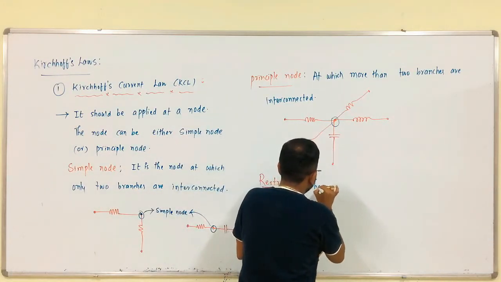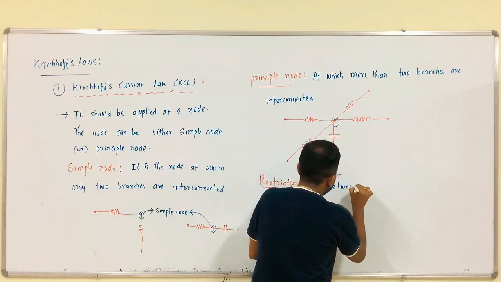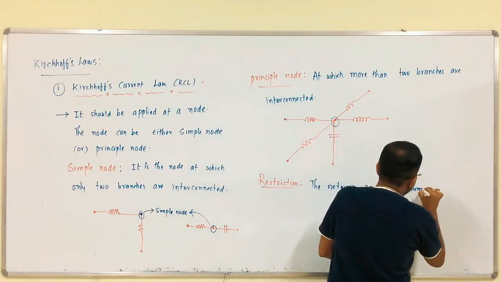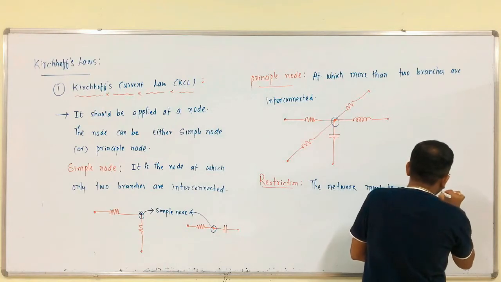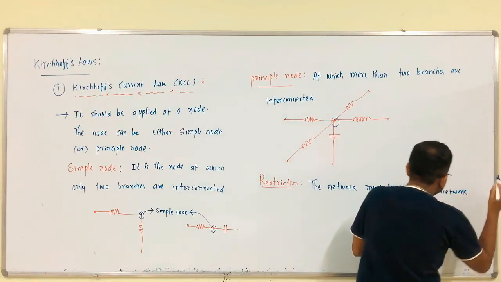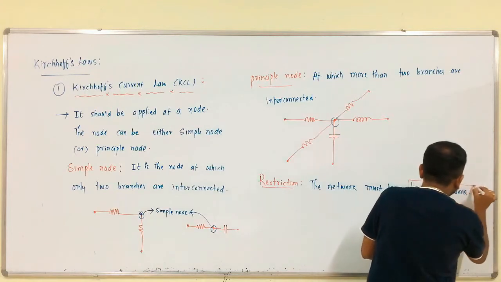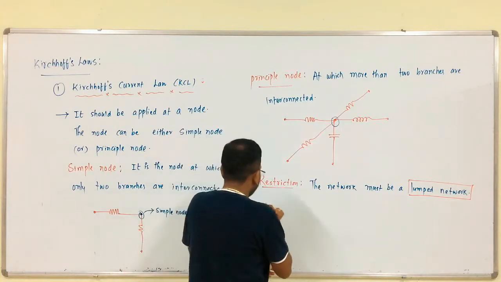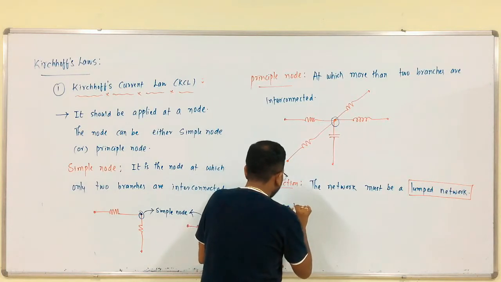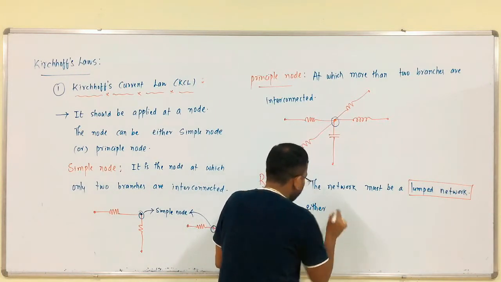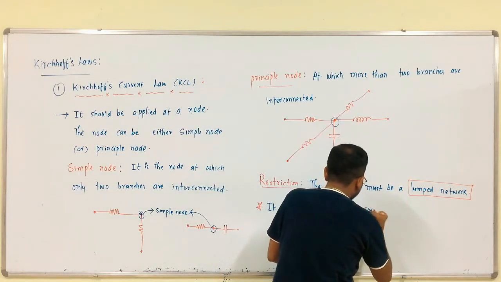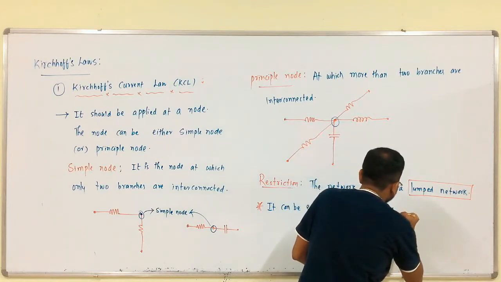The network must be a lumped network, then only we are supposed to apply KCL. Next important observation, it can be either linear or non-linear.